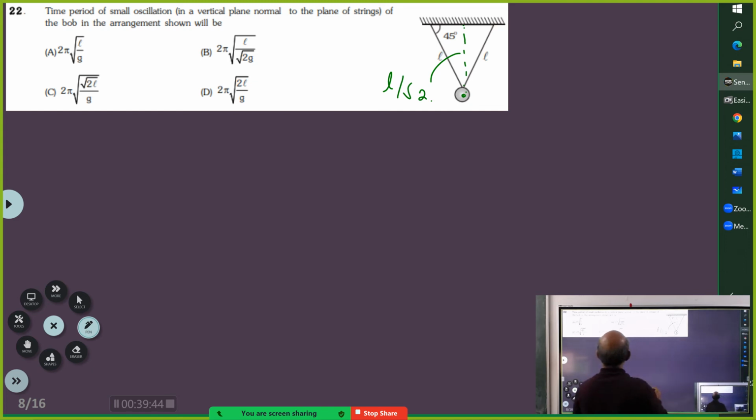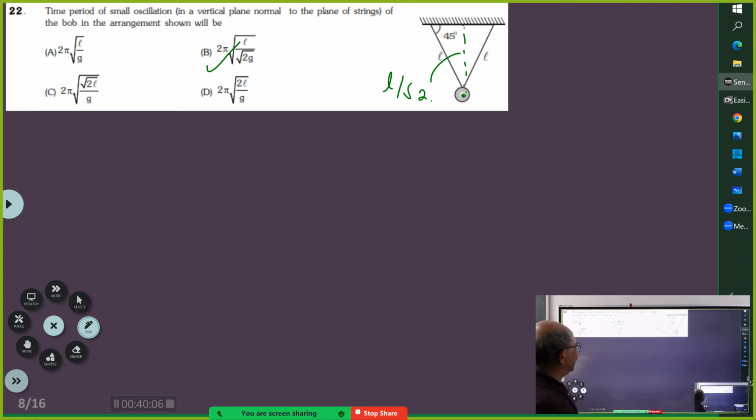So this option should be the right option. No doubt. So 22nd is B, correct. No doubt about it. There is no other go. Effective length. Don't now start taking any tension here.